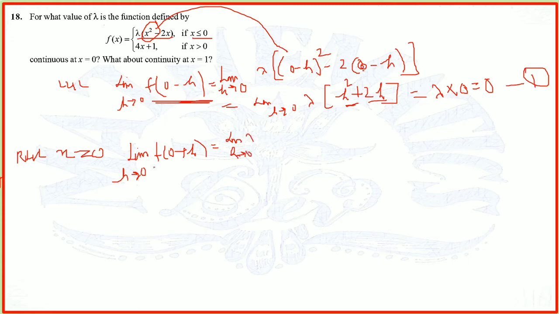Now because x is greater than 0, the value of the function will be 4x plus 1. So 4 into x, which is 0 plus h, then plus 1.